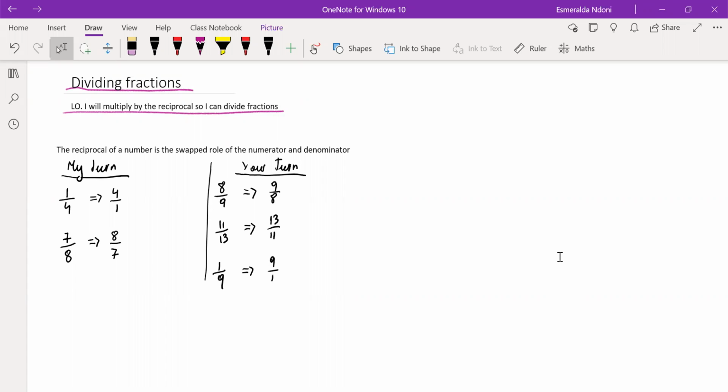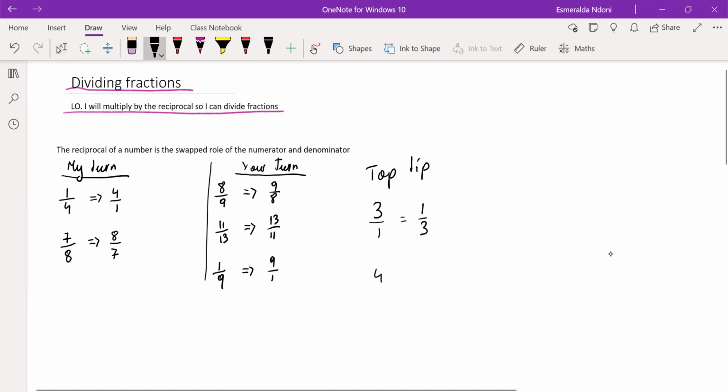Just to clarify something, a number, an integer, has a reciprocal too. We can write an integer as 3/1 because 3 divided by 1 is 3. So the reciprocal of the number 3 would be 1/3.